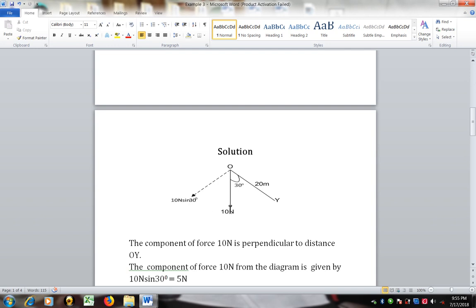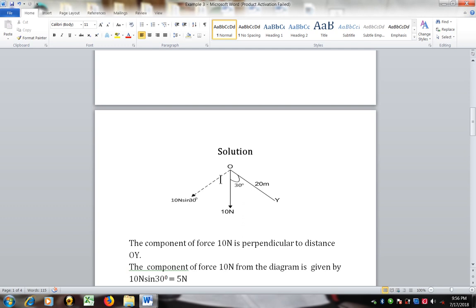Now, if this 10 Newton makes an angle of 30 degrees with line OY, then automatically the angle between 10 Newton and its component is going to be 60 degrees, right? So the resolution of 10 Newton in the direction perpendicular to OY is going to be 10 sine 30 degrees, or 10 cos 60 degrees.